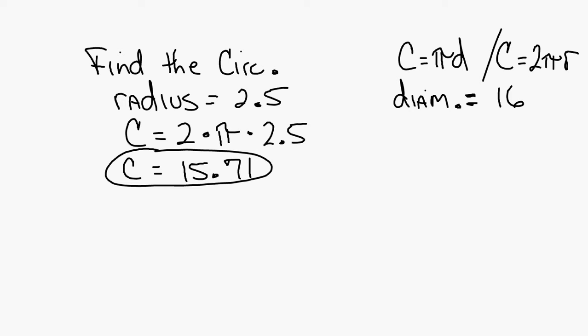So now your circumference would be equal to pi times 16. So do the same thing. Use the pi button on your calculator. So just take pi and multiply it by 16. Hit equals. And if you round it to the nearest hundredth, it should be 50.27.